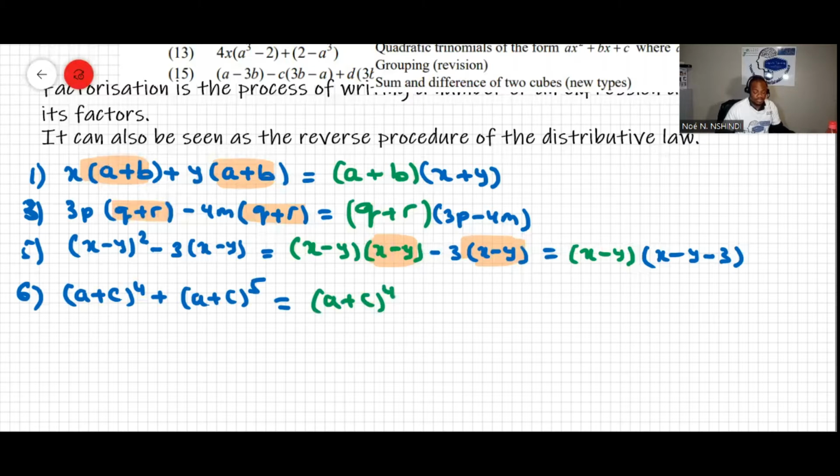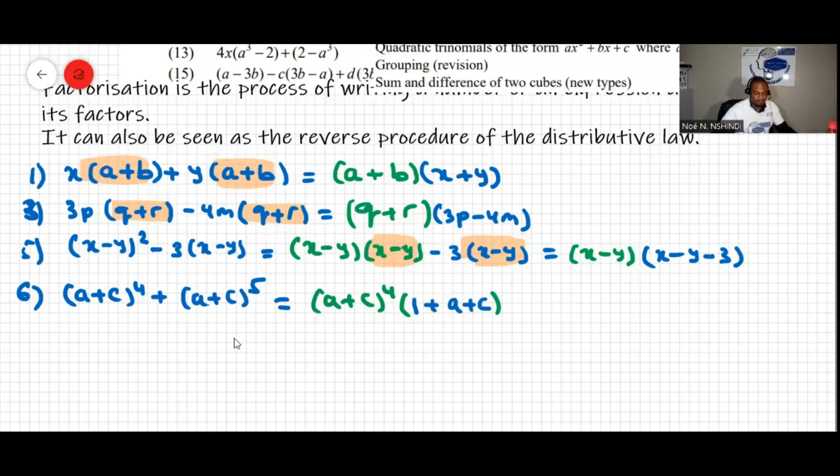Then in the brackets we can write what will remain. If I take a plus c to the power of 4, I am left with 1 here, so it's going to be 1. And over here we will be left with a plus c, so 1 plus a plus c. So that's how we can factorize this.